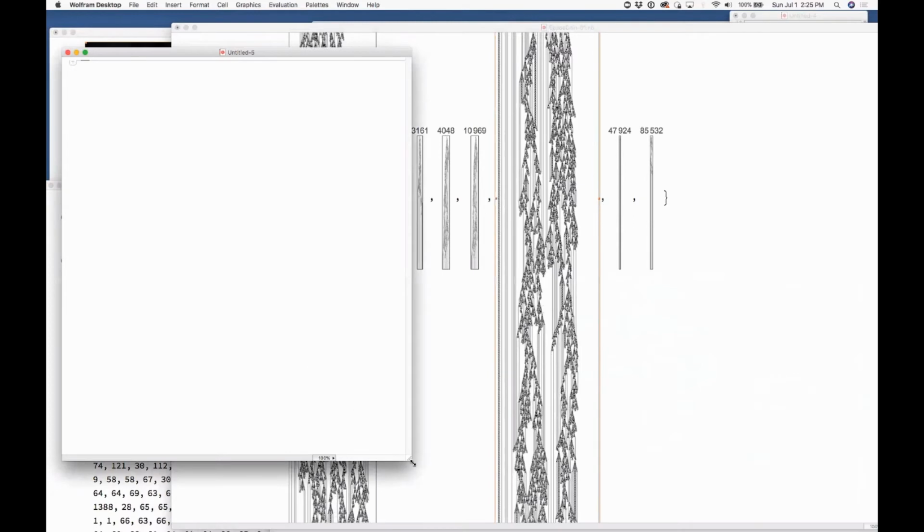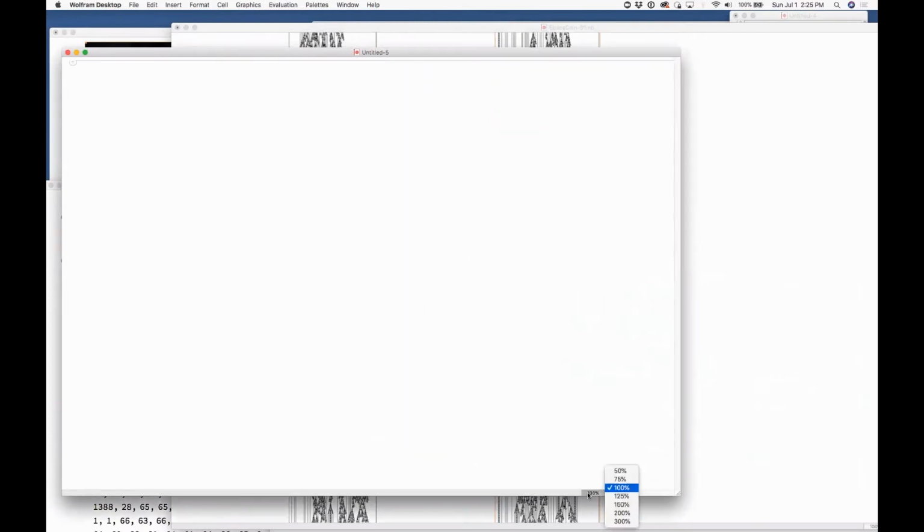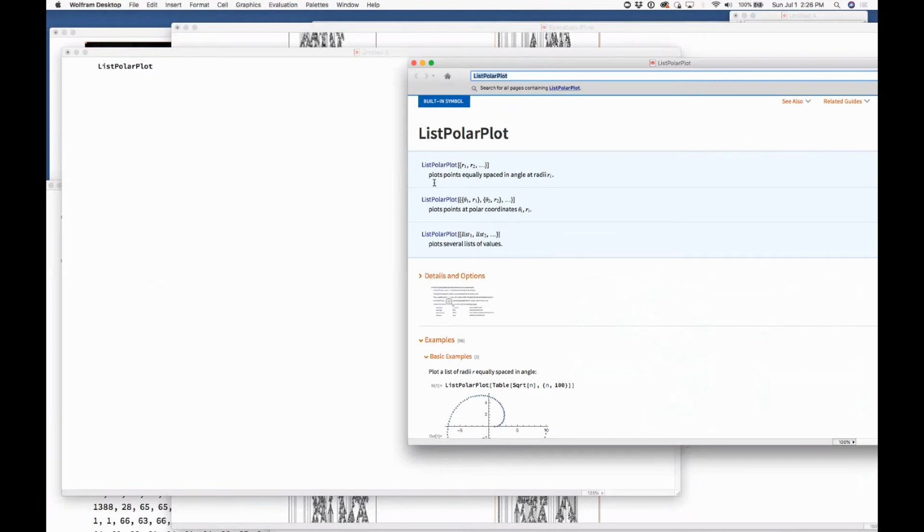Let's just do the obvious thing. We can presumably use ListPolarPlot to do this. ListPolarPlot plots points equally spaced in angle at radii r sub 1.